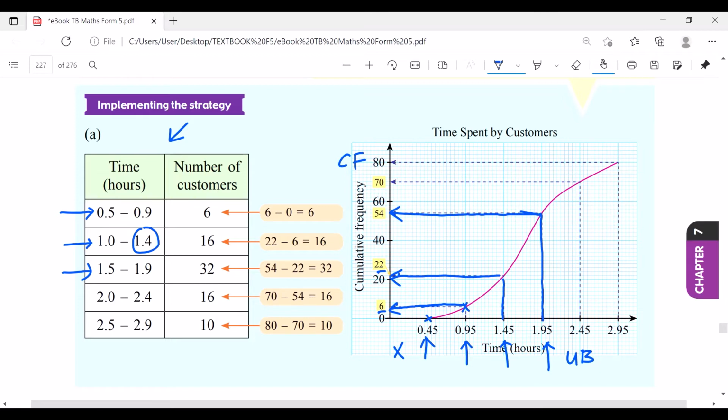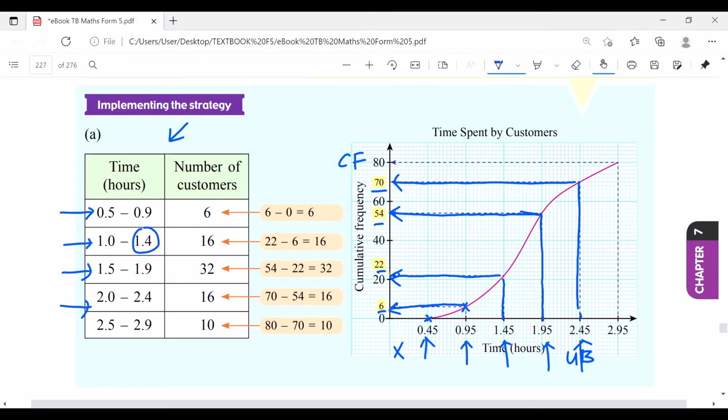So it's 54. And then next, the fourth class will be this one. Put the arrow next time when you do this in your exercises or in your exam. It shows the value 70.